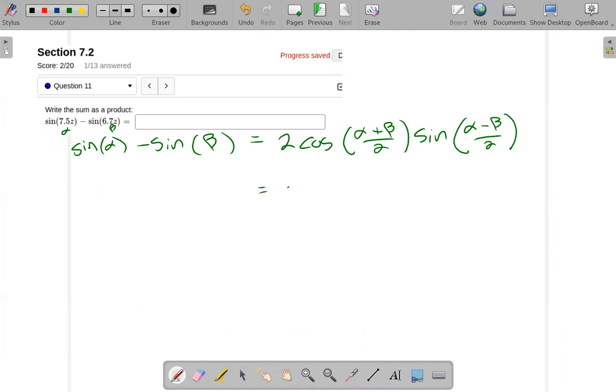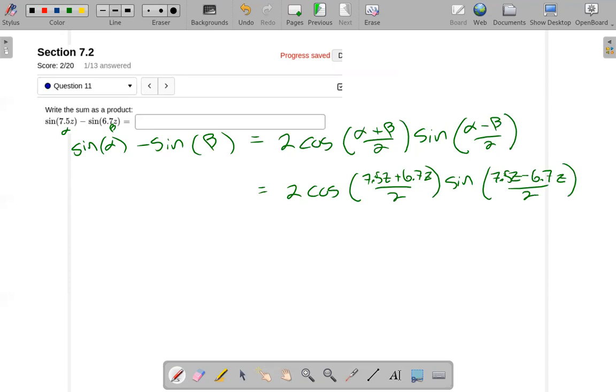So we're going to get twice cosine of 7.5z plus 6.7z over 2, sine of the difference over 2, 7.5z minus 6.7z over 2.